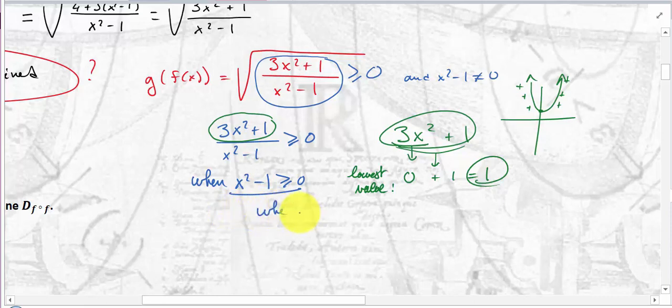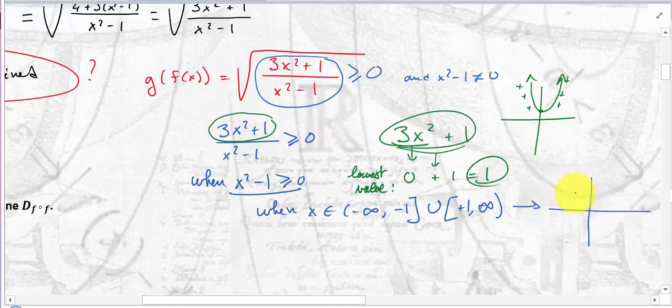When x is between negative infinity and negative 1, or 1 and infinity, right? This should be pretty clear, right? It's an old type of problem. The parabola is concave up, the x-intercepts are negative 1 and plus 1, positive outside the roots, all right?